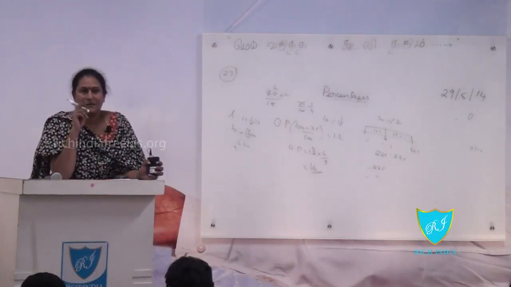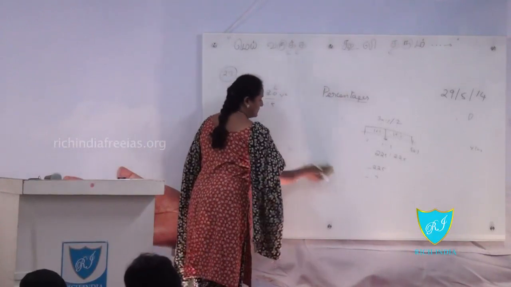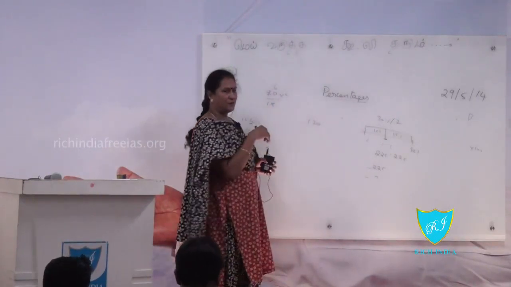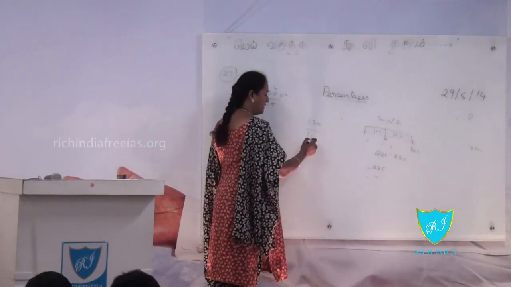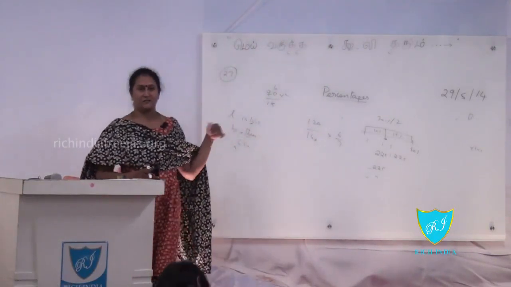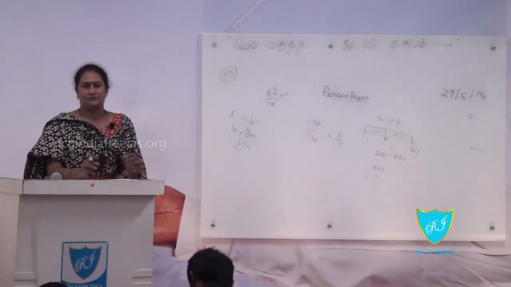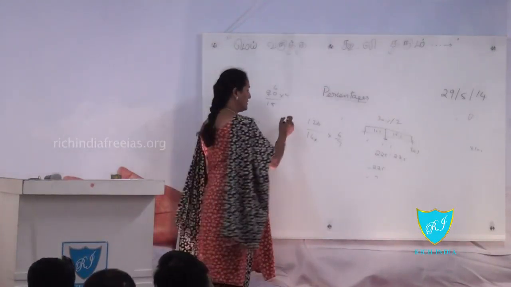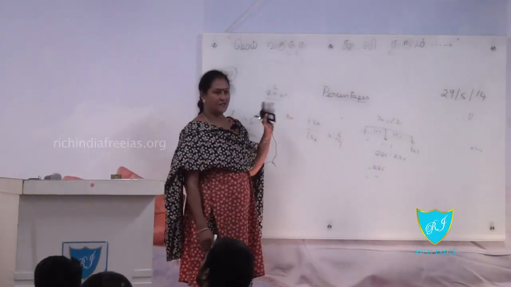It is multiplied by 6 by 7. So for the 41st question, the numerator is increased by 20%, so 120, and the denominator is increased by 40%, so you add to 100. 120 by 100, 140 by 100, the 100s cancel, and you get 6 by 7.